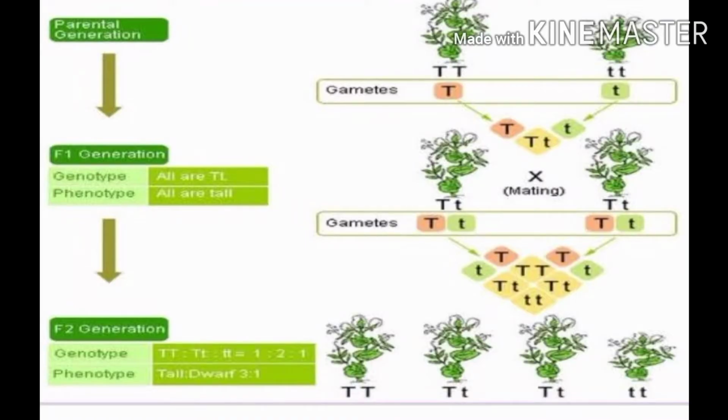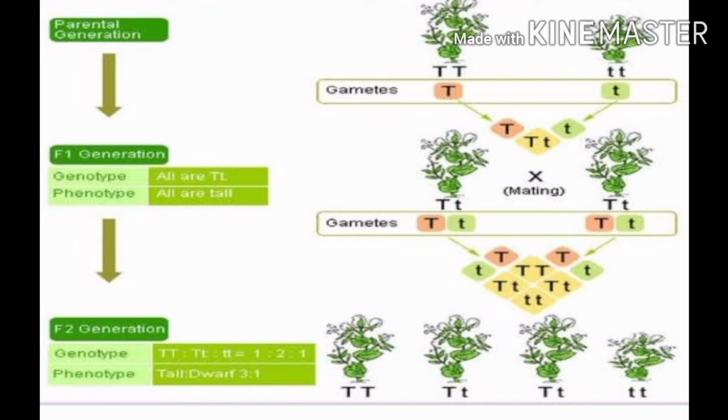In this experiment, we had studied that the capital T is the dominant allele because it is expressing itself. The small t, which is the allele for shortness, is the recessive gene. Just see here, the offspring which are produced from tall and short pea plants have the alleles of the type capital T and small t. All plants are tall.